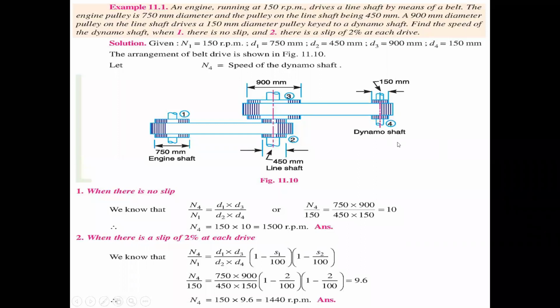The dynamo shaft is connected to the last pulley. When there is no slip, we have to find the N4 value.